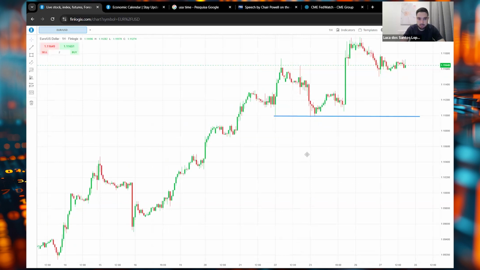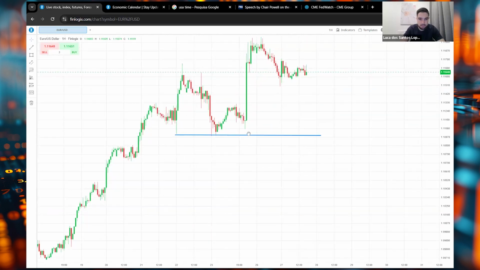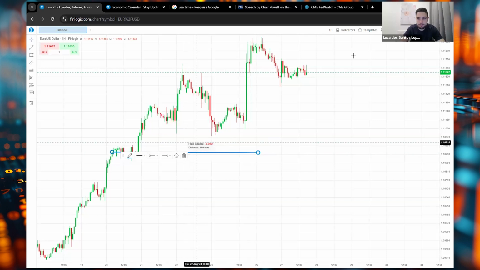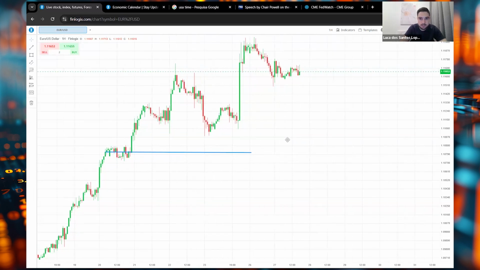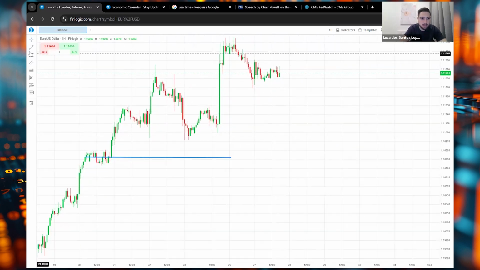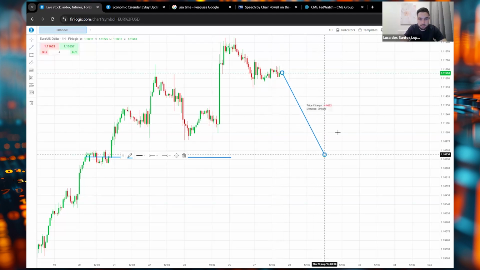So I'm expecting a pullback at this area, at the price of 110,800. 110,800 is what I'm expecting to be coming. Okay, that's Euro dollar.